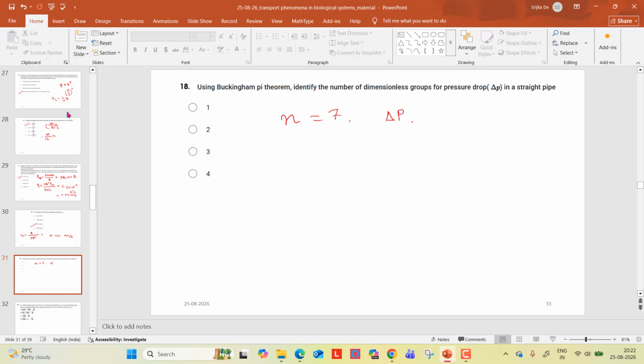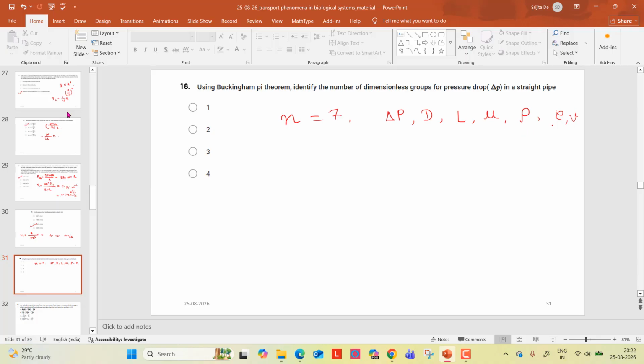Pressure drop is there, diameter, length of the pipe, viscosity of the fluid, density of the fluid, roughness factor, and the velocity.